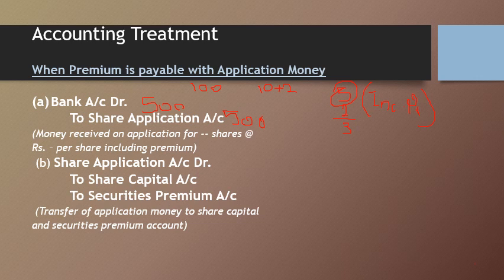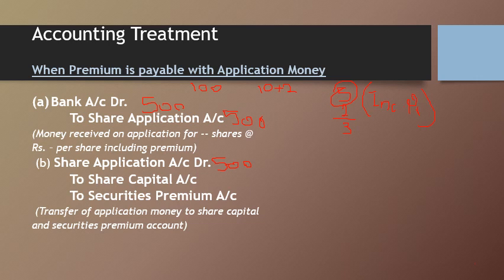And the next stage, we have to transfer this share application amount to the share capital on the acceptance of this order. Here we received rupees 500, and now we have 500 rupees in our share application account. Now we want to transfer this application money to the share capital.